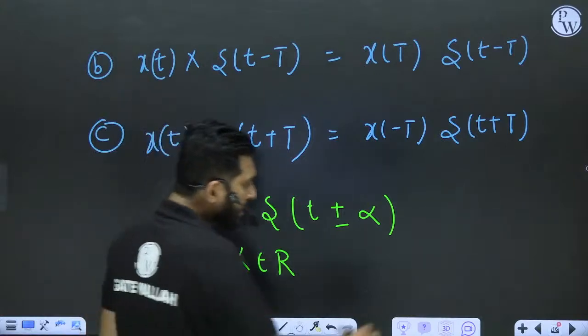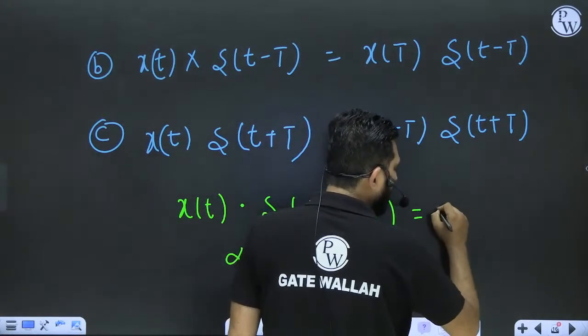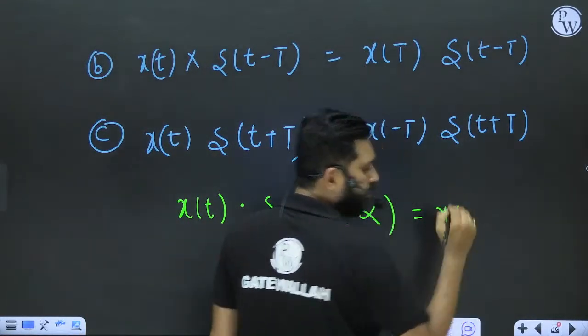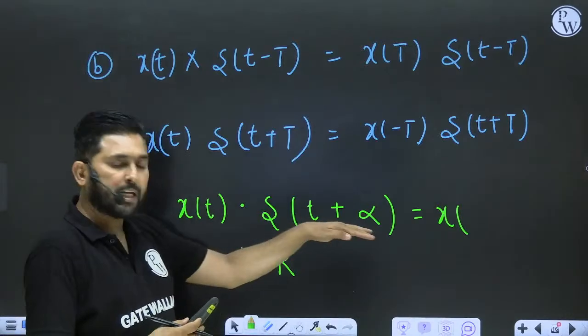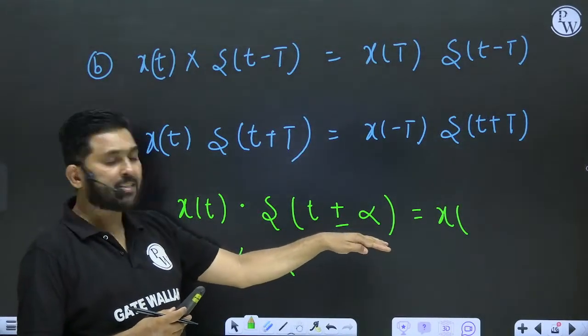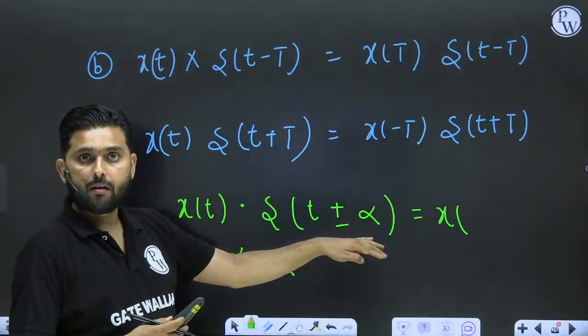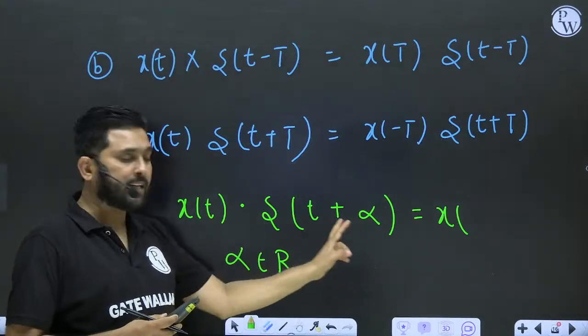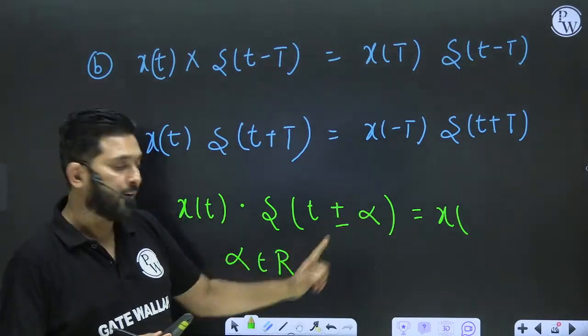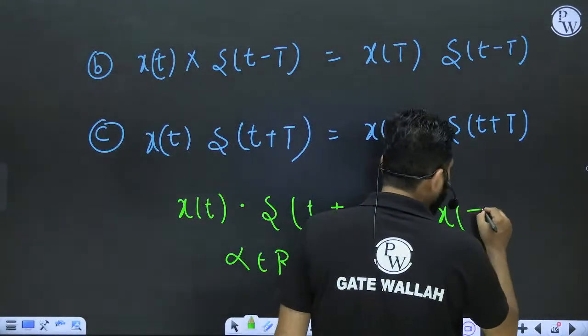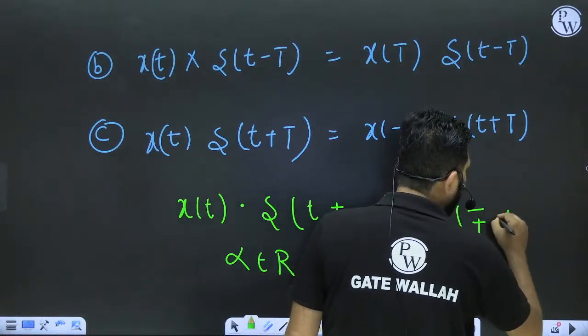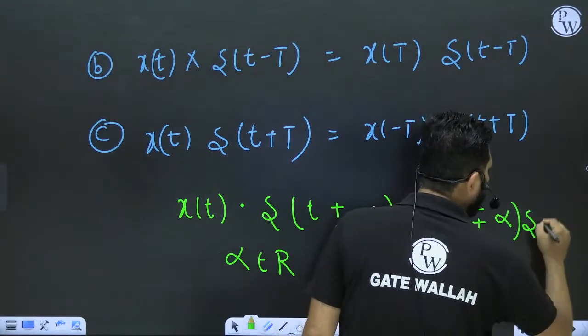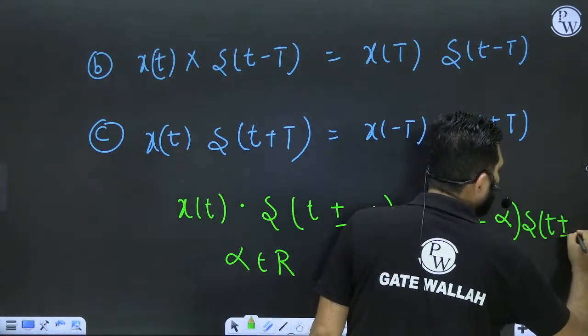Then the result is: when you take delta of t plus alpha, the impulse exists at minus alpha. If you take delta of t minus alpha, the impulse exists at alpha. So the result is x of minus plus alpha times delta of t plus minus alpha.